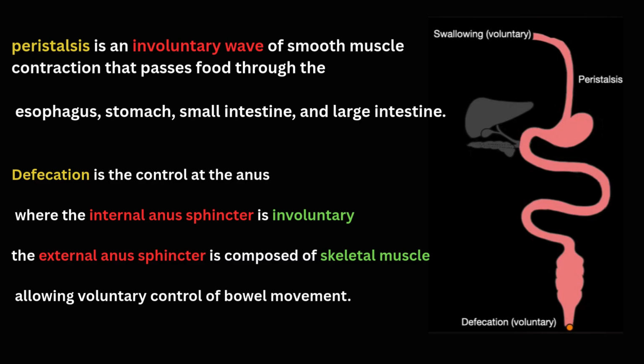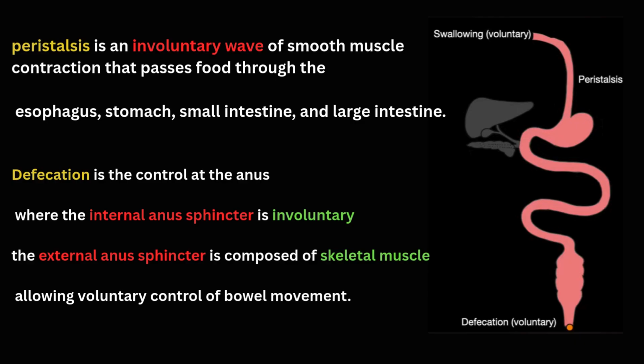To put that in easier terms, it's made out of smooth muscle, so you cannot control this movement. It happens naturally in your small intestine, your large intestine, your stomach, and your esophagus. All of these peristalsis movements are involuntary, meaning you cannot control them.